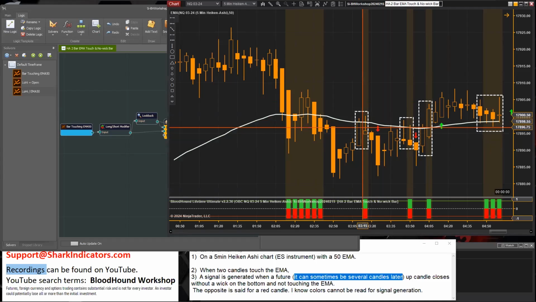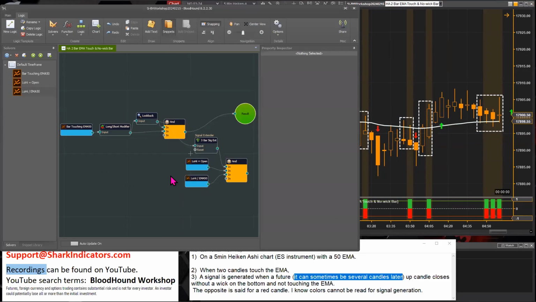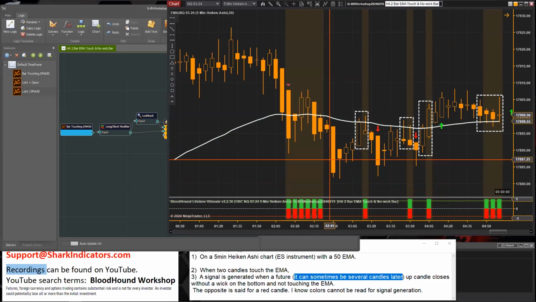Because again, we don't want to see a signal when bars are touching. So for example, we wouldn't want to see a short signal here, right? There's no upper wick, but this bar is still touching. So we need to shift the signals forward there, and yeah.